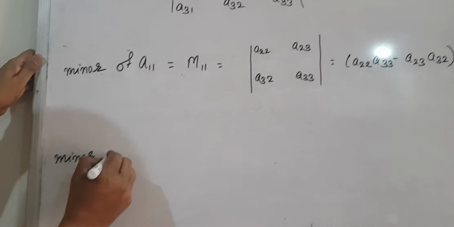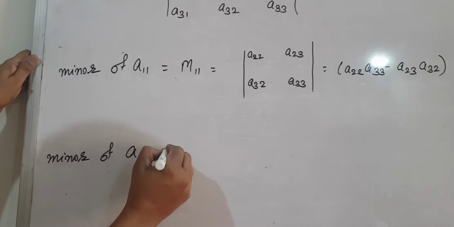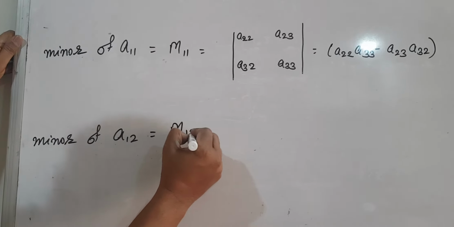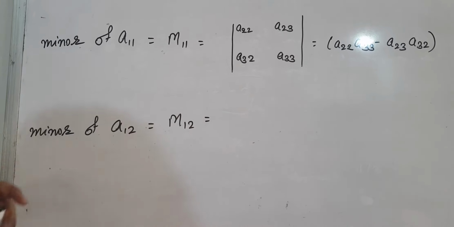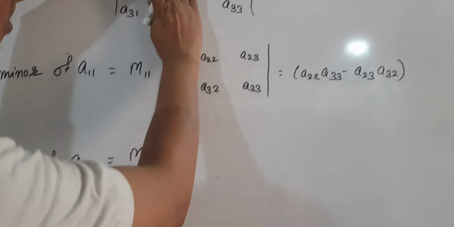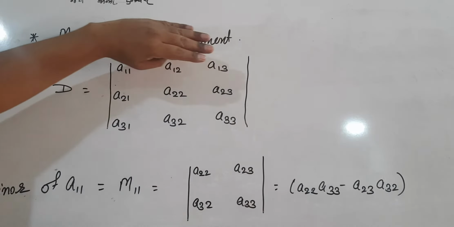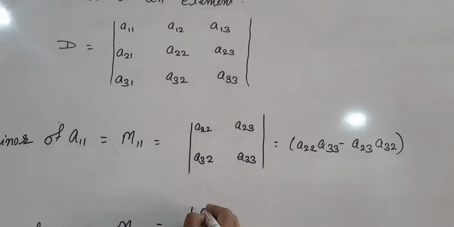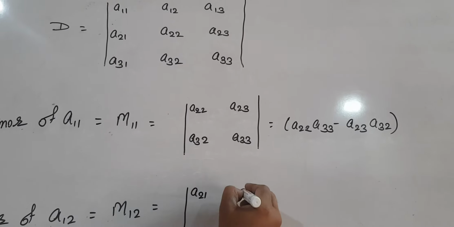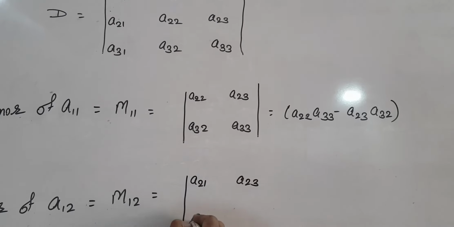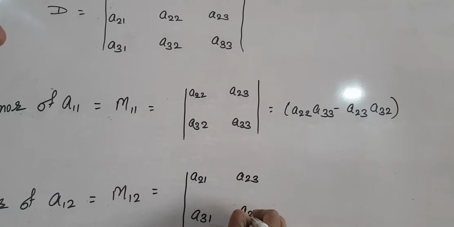Minor of A12, which we write as M12, means first row, second column. The element we keep as it is. So it will be A21, A23, A31, A33.